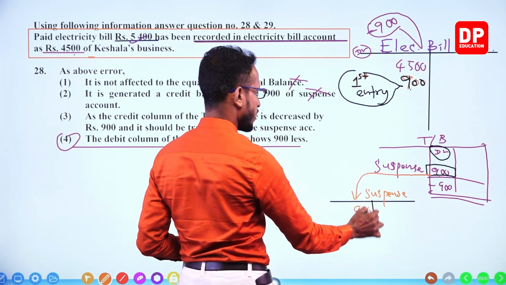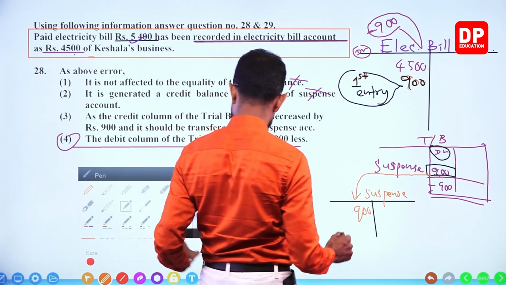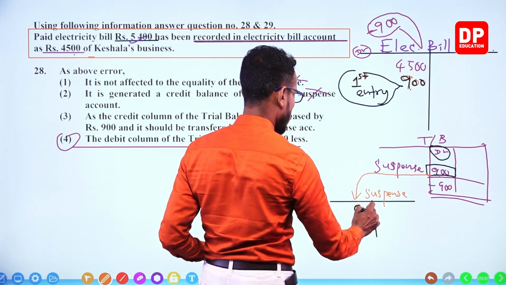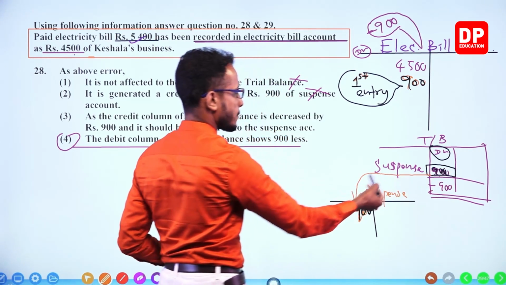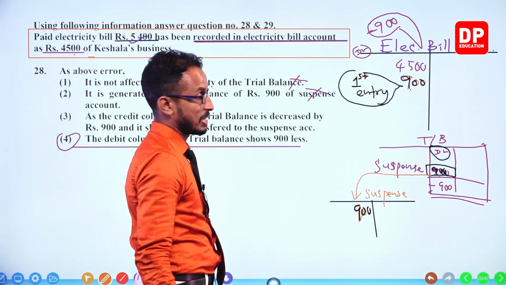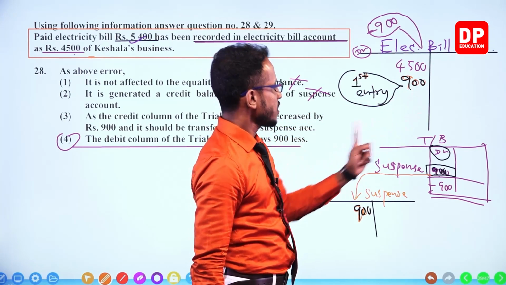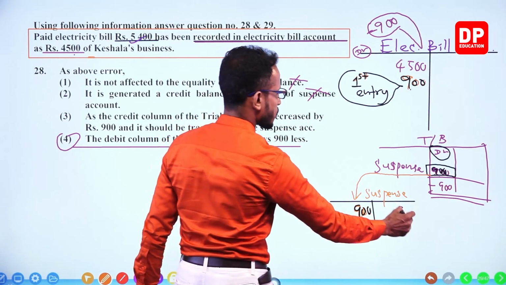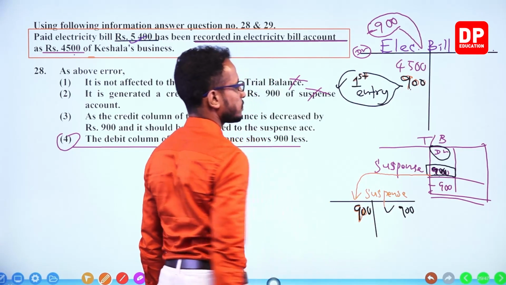Suspense account, debit side 900 is there. So debit electricity bill account 900, credit suspense account 900. First entry, second entry.